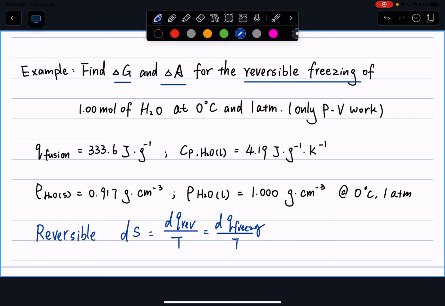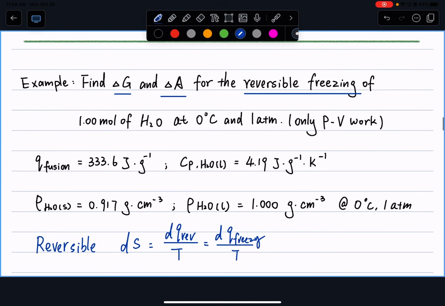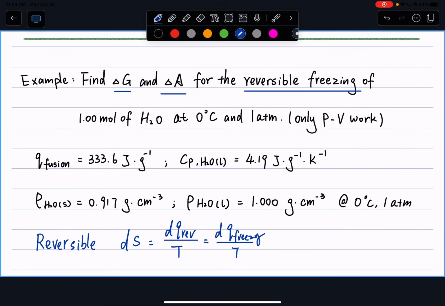And at constant pressure, we know that delta H equals Qp, so delta H freezing equals Qp equals Q freezing. You all have a copy of this problem, right? So I can just move on.